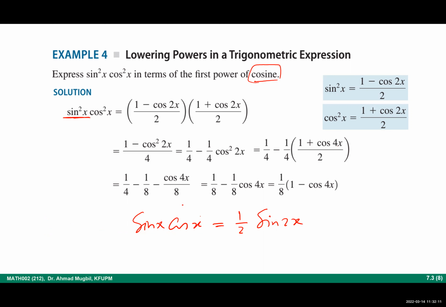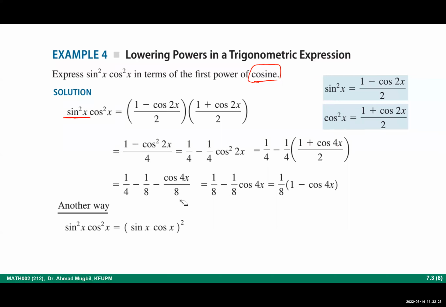So now when you square both sides, this will be squared, this will be squared, this will be 1 over 4, this will be sine squared. Let me show you here. Sine squared x cosine squared x is just sine x cosine x all squared, and sine x cosine x is the half of the double of the angle, then squared.